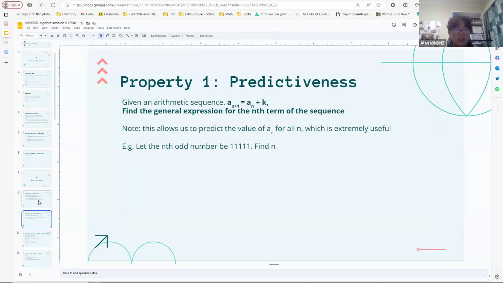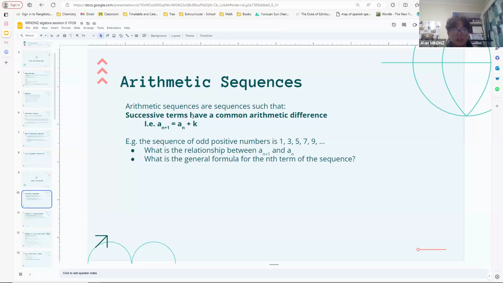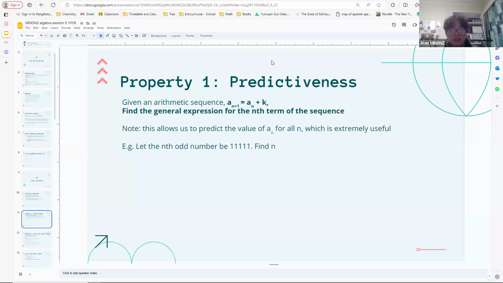So there are properties of the arithmetic sequence which are very commonly used. The first one that we'll be covering is predictiveness. So Chris will explain this. Okay, hello, guys. So the first property of arithmetic sequences we're looking at is, as Alan said, predictiveness.